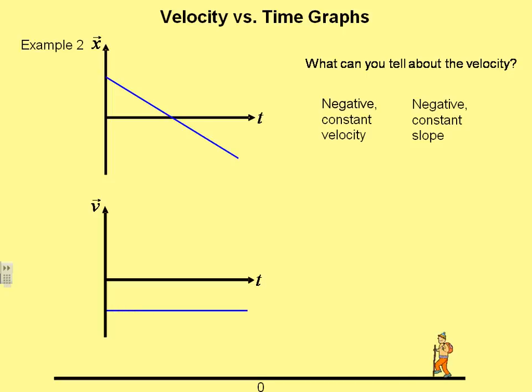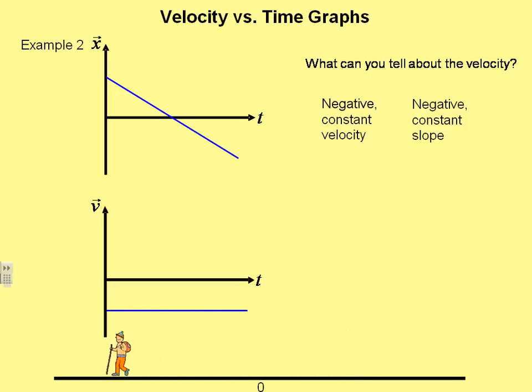So watch all of this together. Again, notice here that when he crosses 0, he still has a velocity. He doesn't stop at 0. While his position is 0, his velocity is still the negative constant velocity.